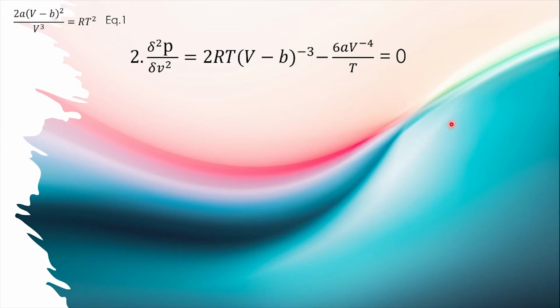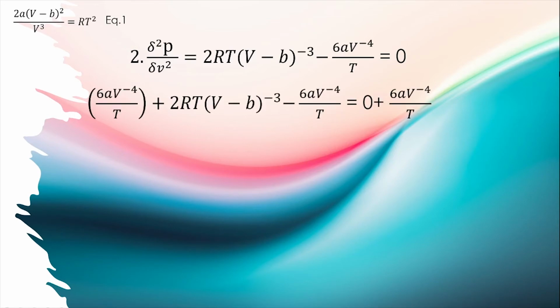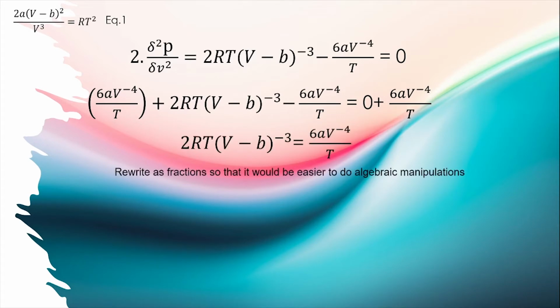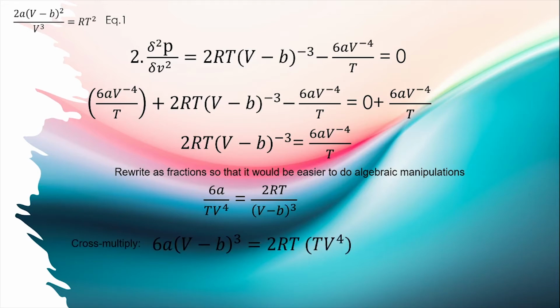This is just the same as how you got the first derivative. So you multiply both sides by 6a v to the negative 4 over T so that you'll have this expression. Then rewrite as a fraction so it will be easier to do algebraic manipulations. As you've done rewriting it, you must cross multiply in order to isolate RT.